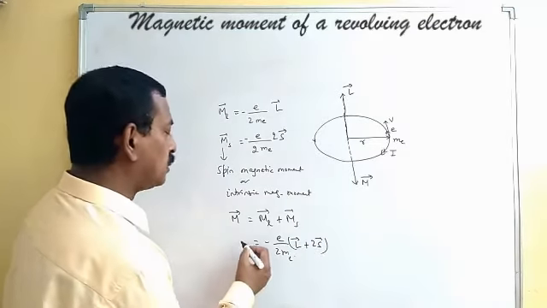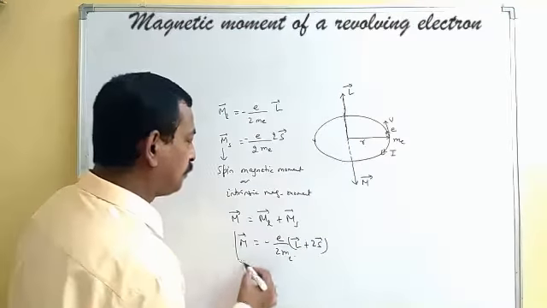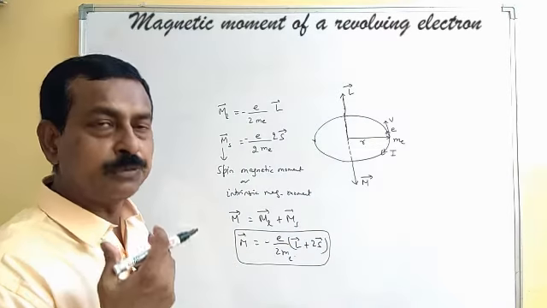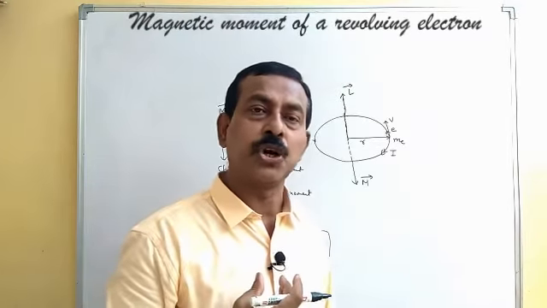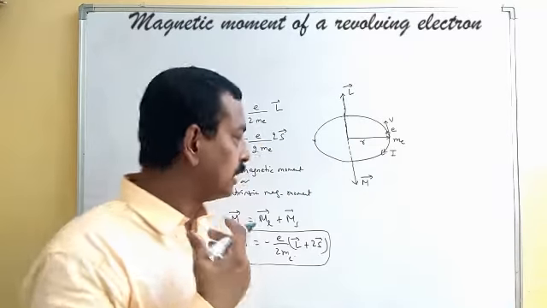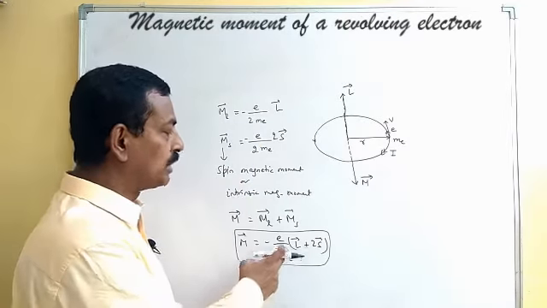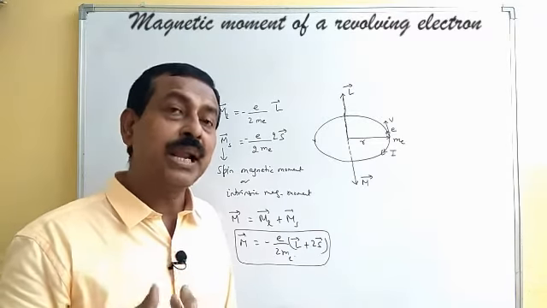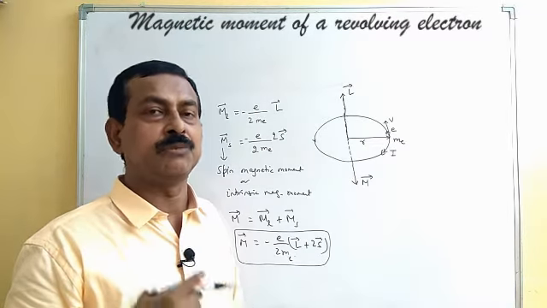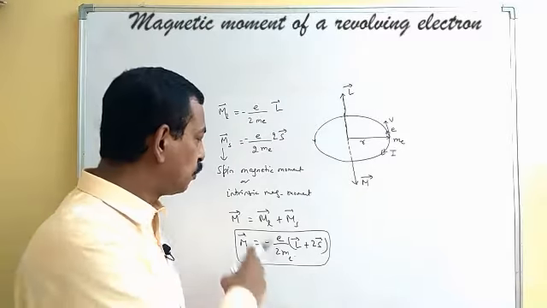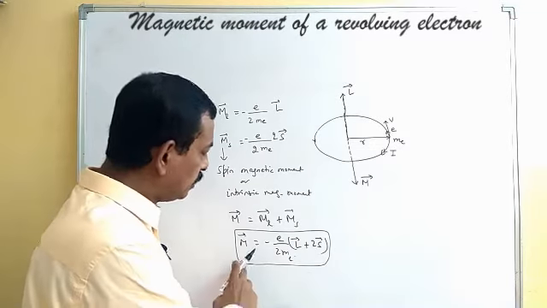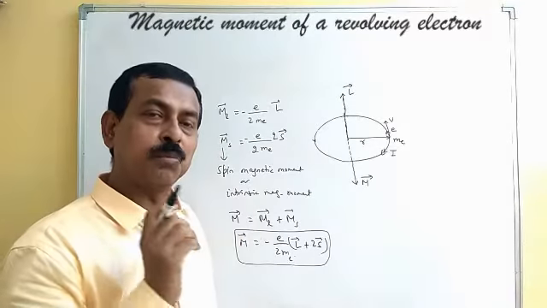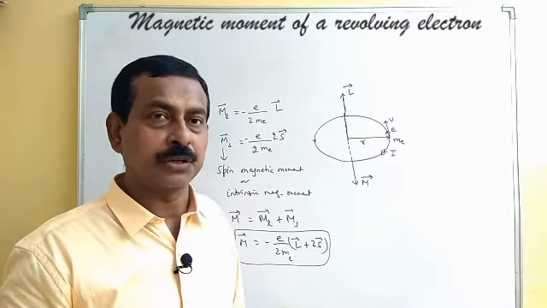So this is your M. The magnetic moment for the revolving electron will have both magnetic moments: the magnetic moment associated with its orbital motion as well as the magnetic moment associated with the spinning motion. So we get this as the total expression for the total magnetic moment associated with the electron.